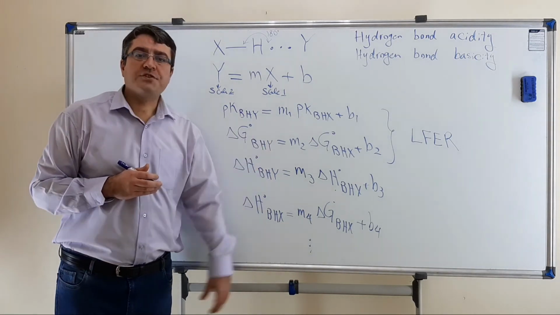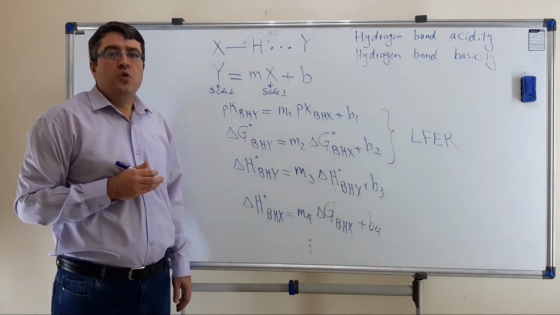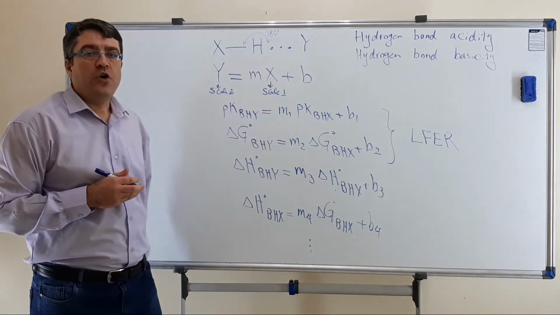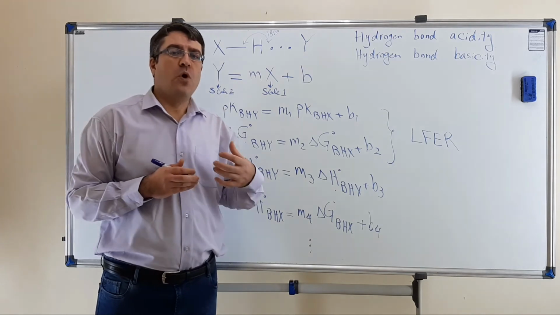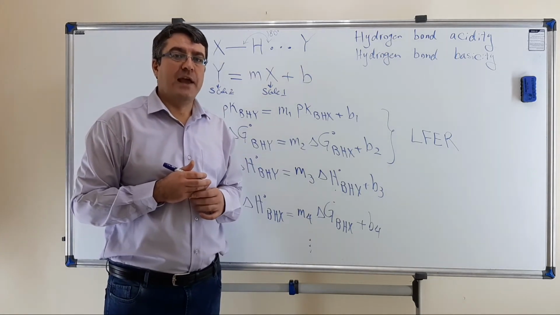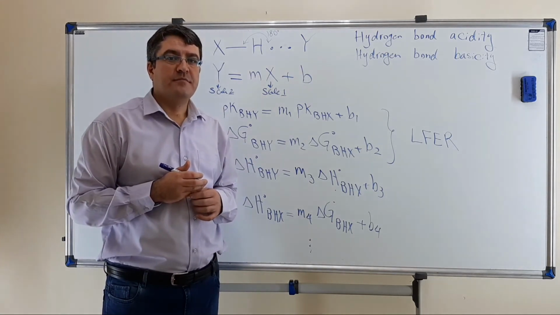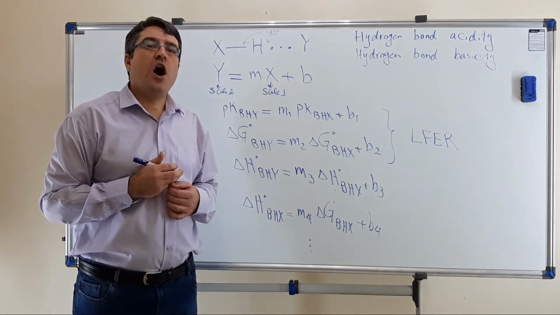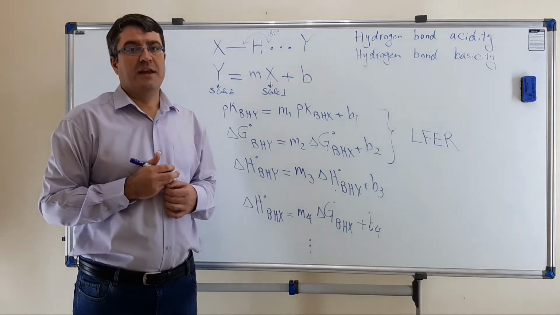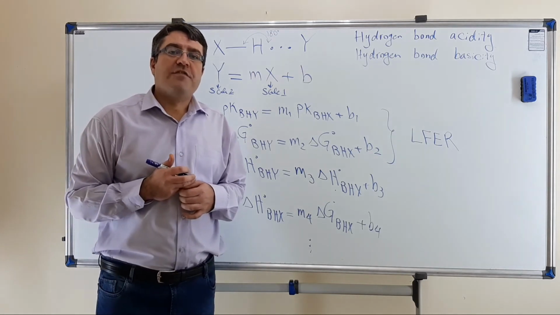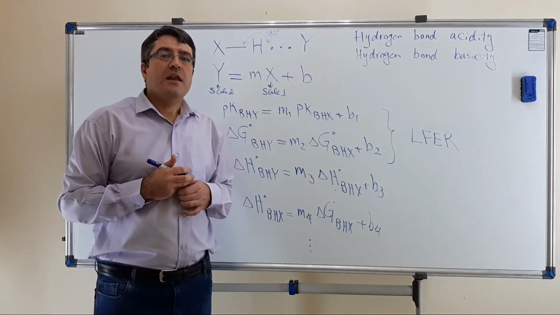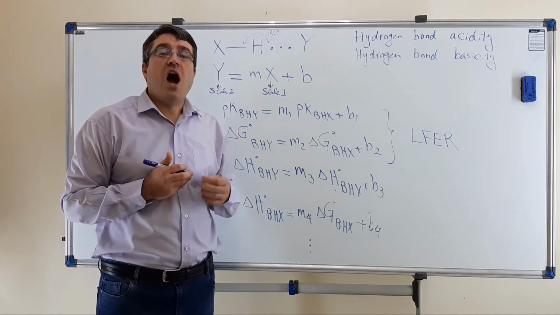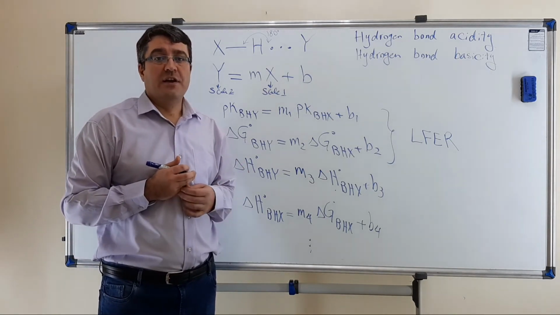Okay, now the question is, do we have such linear relationships for the fluorophenol hydrogen bond basicity scale? The answer is yes, but they are family dependent. Here, by family, we mean chemical species which are structurally similar.